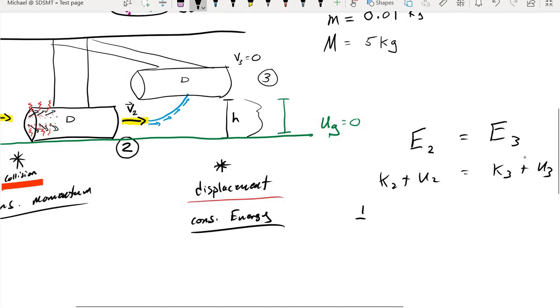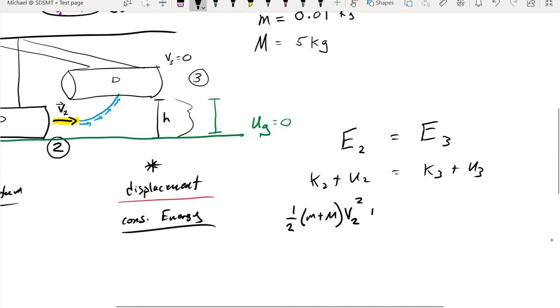The kinetic energy at Site 2, so this is immediately after the collision, and this is where the combined mass of the bullet and the log begin to travel away with a speed of v2. The potential energy at Site 2, well, at Site 2, we're at the 0 point for potential energy, so that's 0.